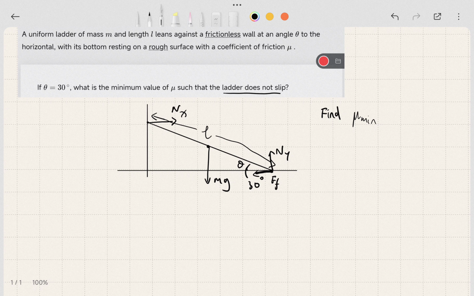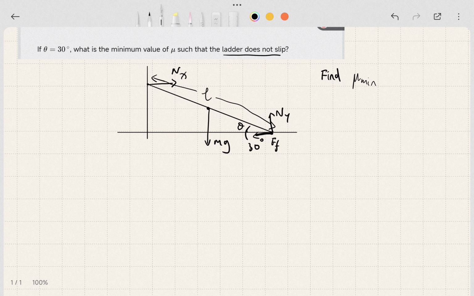So what we can do here, I think, is analyze the situation. So use torques. I'm going to go with the torques method. What this means is essentially the torques at this specific point here must be balanced.